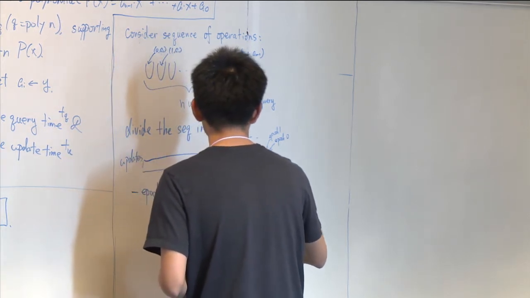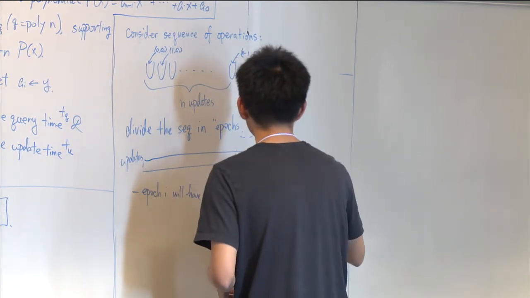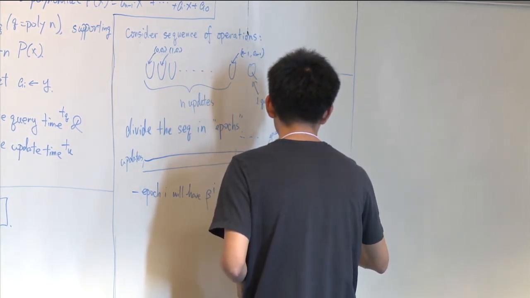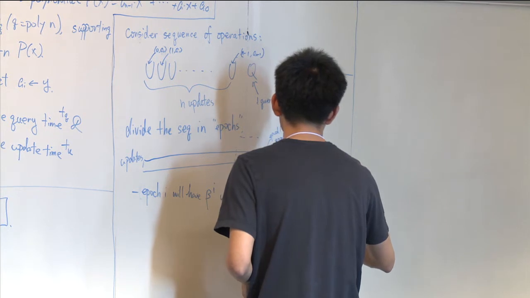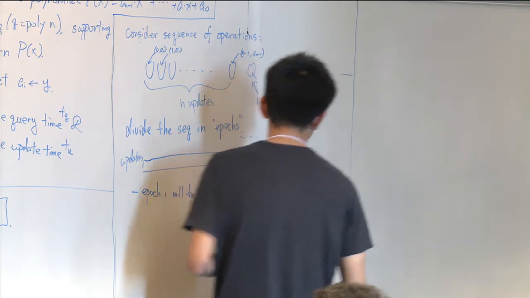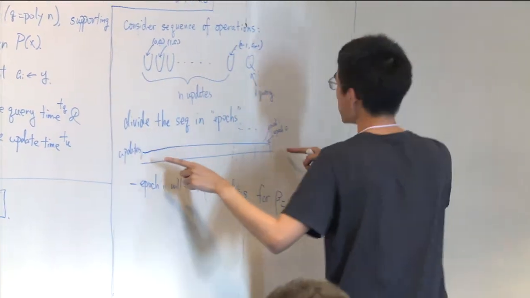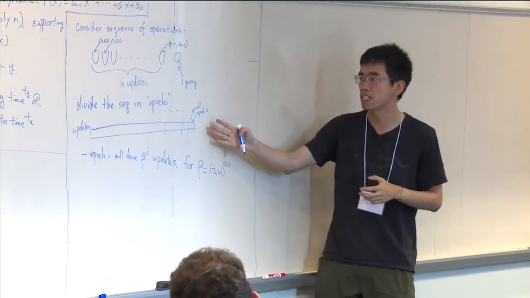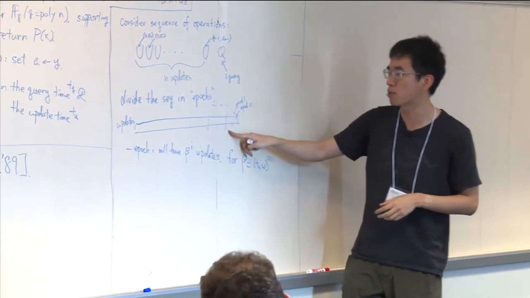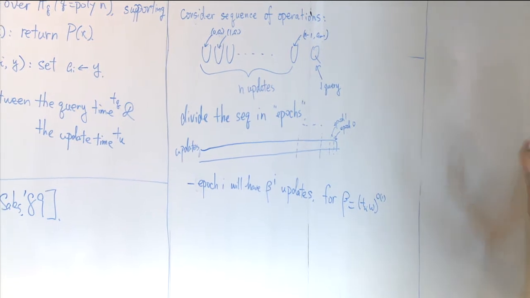So the lengths of the epochs are geometrically decreasing for some parameter beta that will be set to the update time times the word size to some power. We divide the updates into epochs, just virtually, such that the ith epoch will have beta to the i updates.